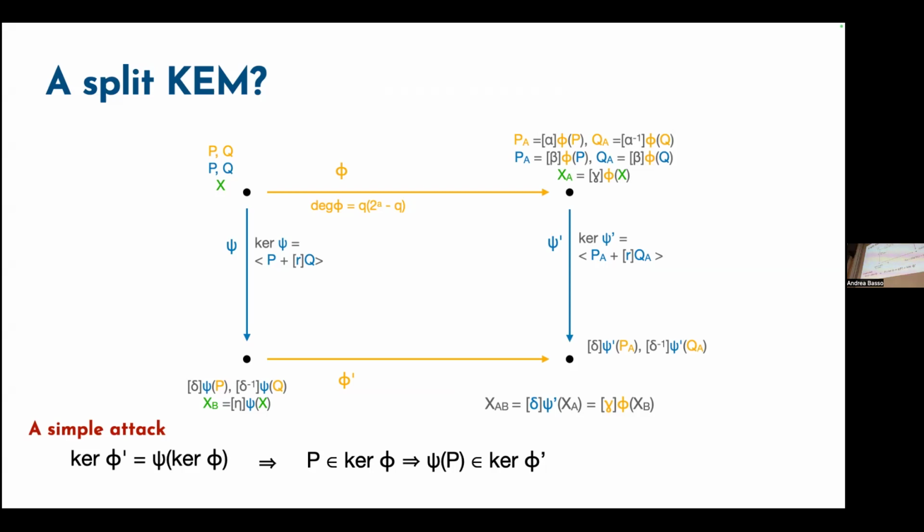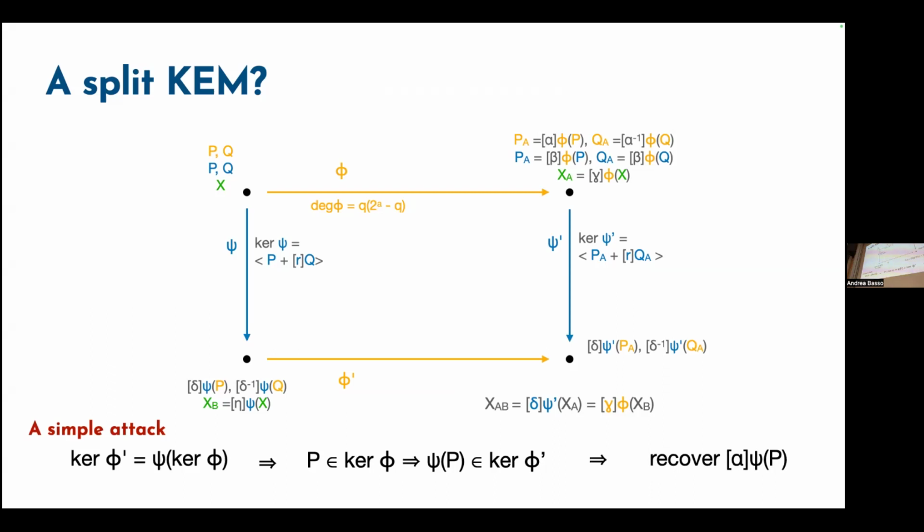And since we have both, it means that if psi is reused across iterations, as it usually is in a split KEM, then the orange party, by interacting multiple times with the blue party, can recover the image of some small point p under psi up to scalar.